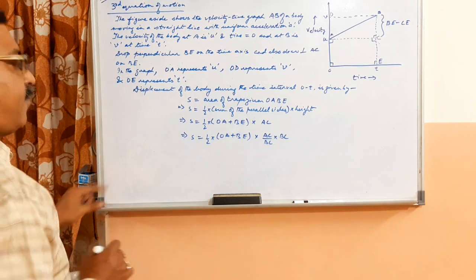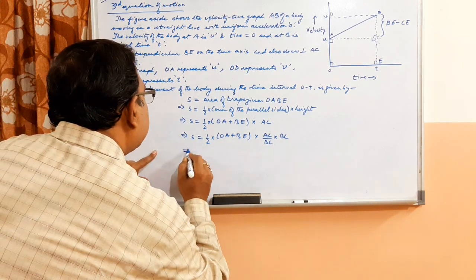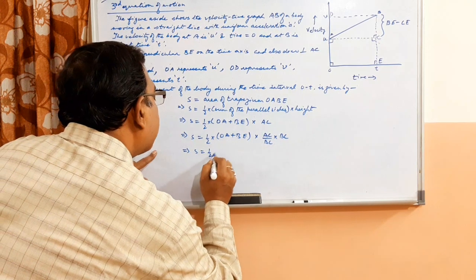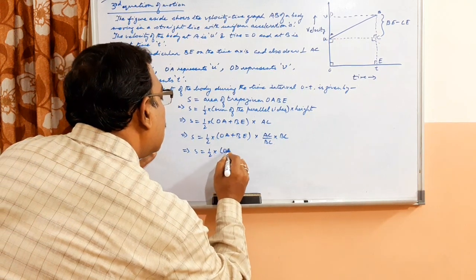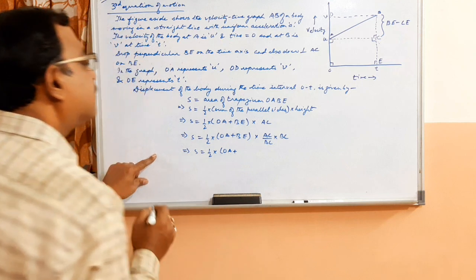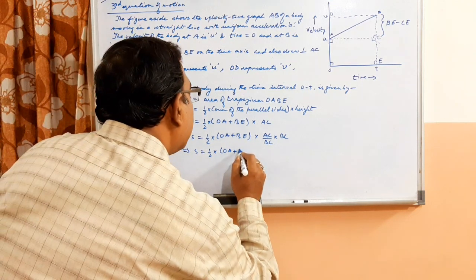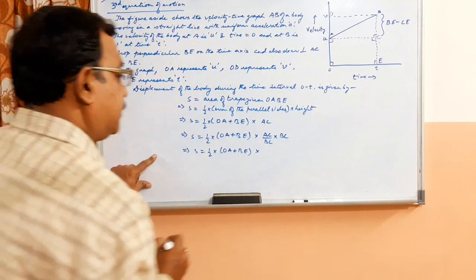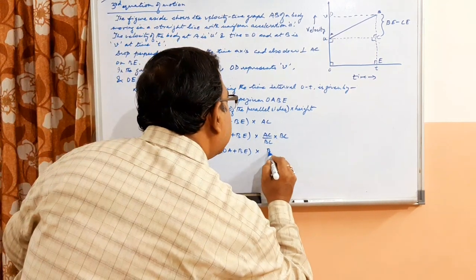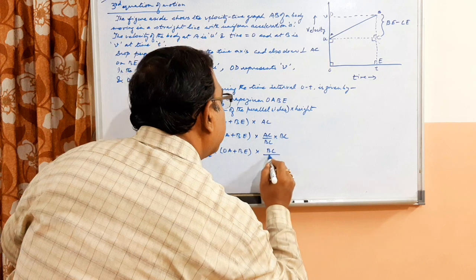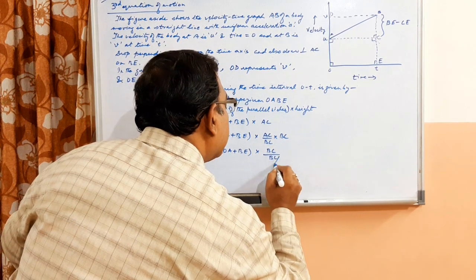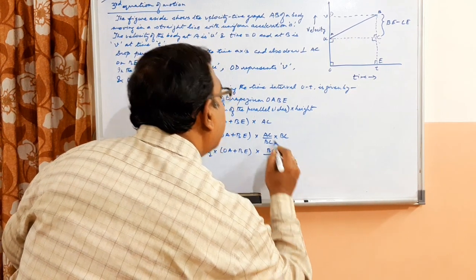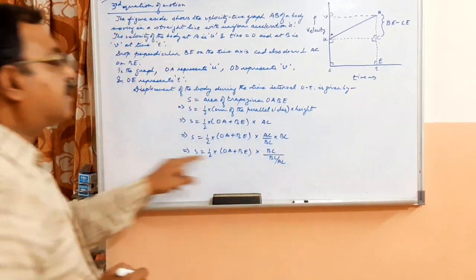Now look, this implies S is equal to half of OA plus BE into BC divided by BC by AC. I am bringing this AC down below this BC. This can be done in this way.